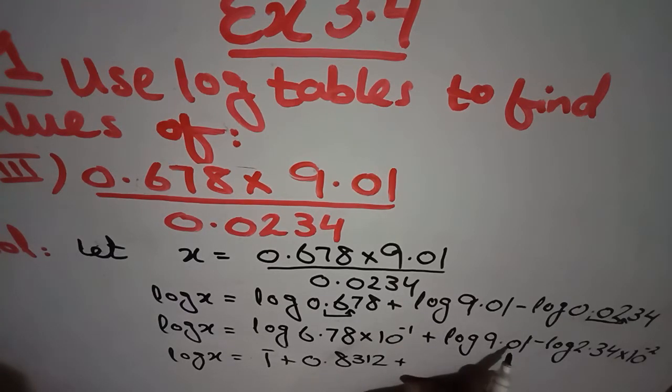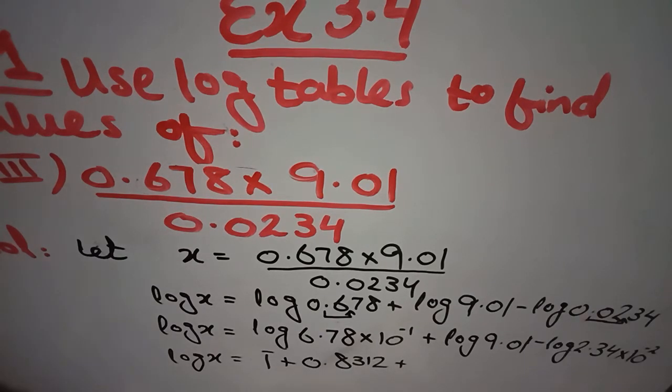Now move towards this value, log 9.01. To find the logarithm of 9.01, take the 90th row and the first column. You will get 0.9547. Let me tell you one important thing: if you are taking the logarithm from the calculator, and the digit is 2, 3 or 4, it doesn't matter.